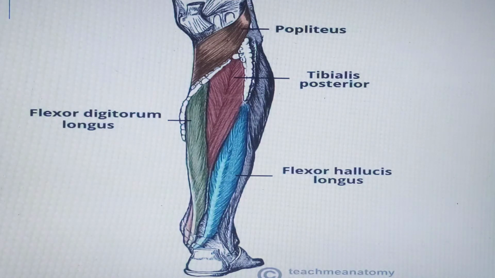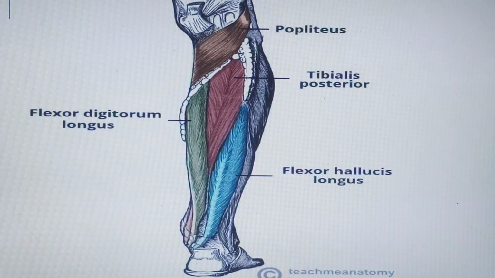So it is inserting on the calcaneal bone via the sustentaculum tali. Then it will also insert on all the other remaining tarsal bones, of course talus, calcaneum, we've mentioned it, cuboid, navicular, and all the three cuneiforms: medial, intermediate and lateral cuneiform bones.